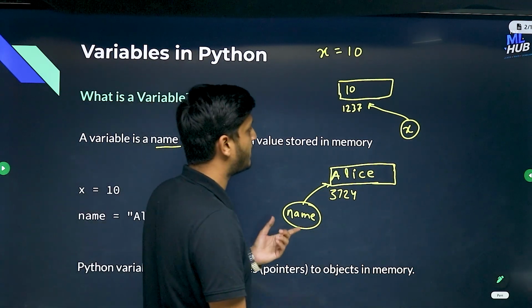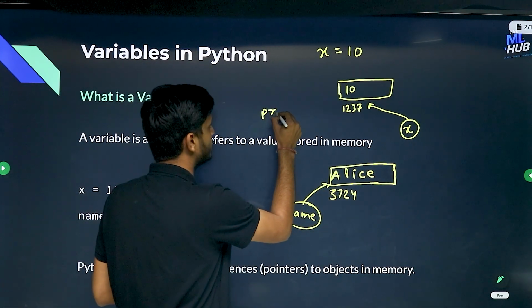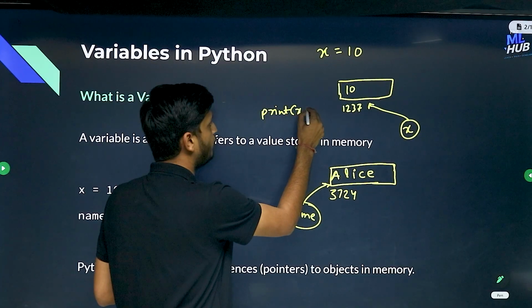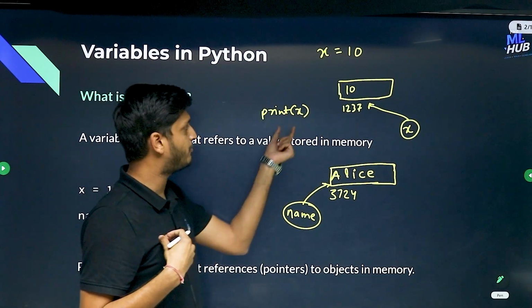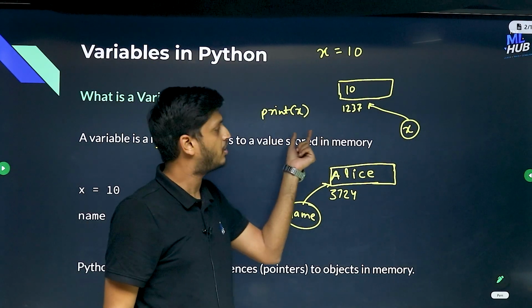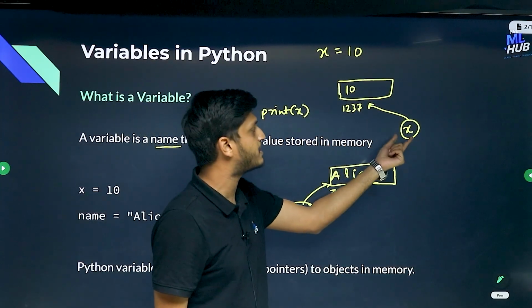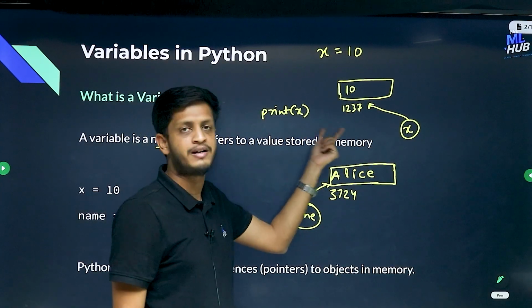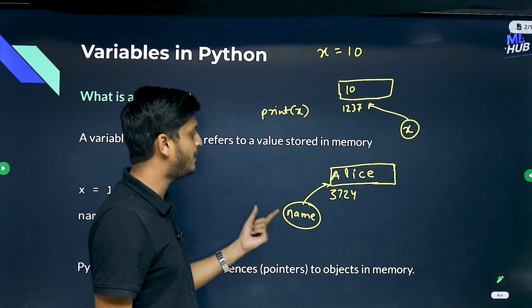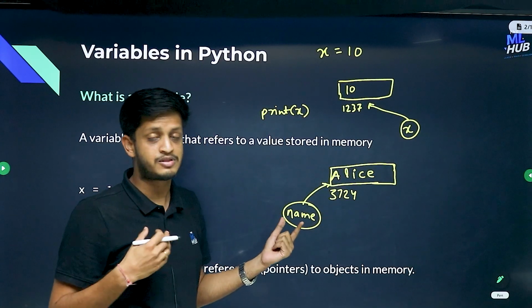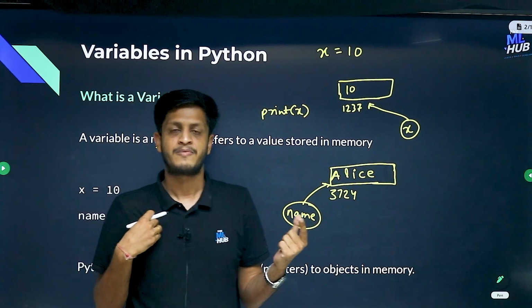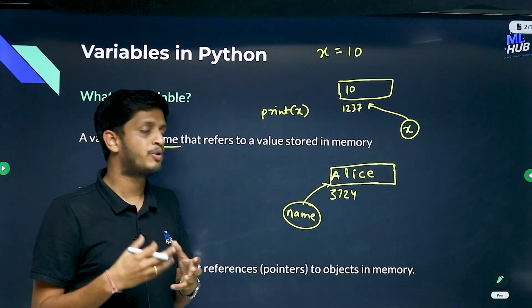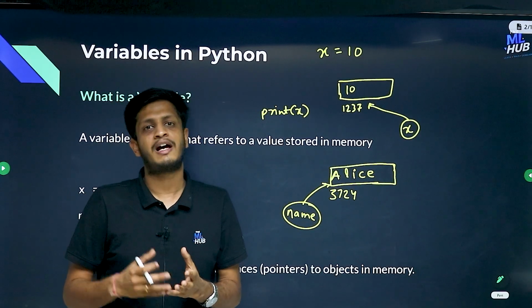So when I say print x, the name of the variable is x. Now the compiler will try to decode where x is present, and then the value of x will be printed on the screen. Similarly, if I say print name, the name of the variable is for our reference, and the compiler also knows it, so that programming becomes easier. That is why Python is called a high-level programming language.